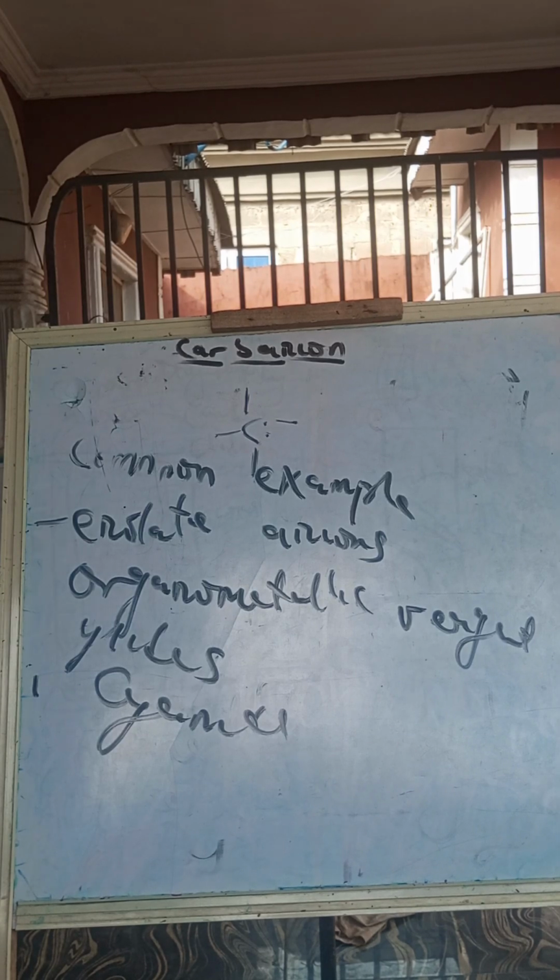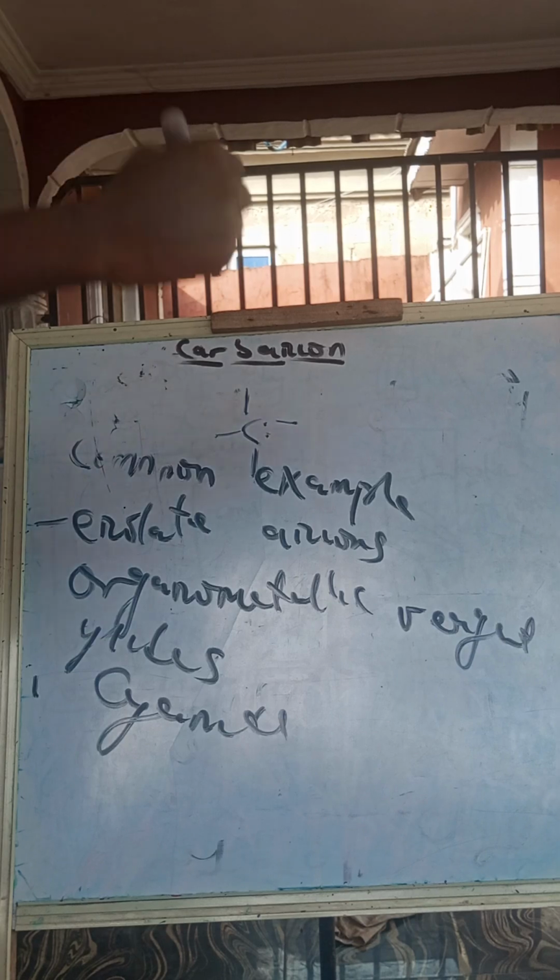Now the next one, we talk about the stabilities of carbanion. Carbanions are relatively stable based on the number of alkyl groups attached to them. We are going to compare the tertiary carbanions, the secondary carbanions, the primary carbanions, and the methyl anion itself.